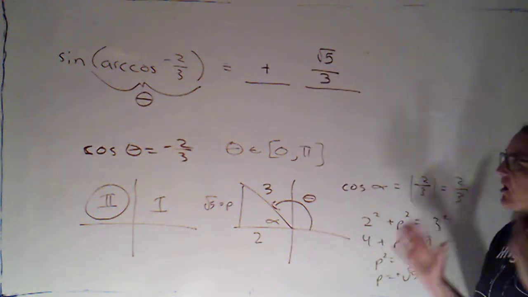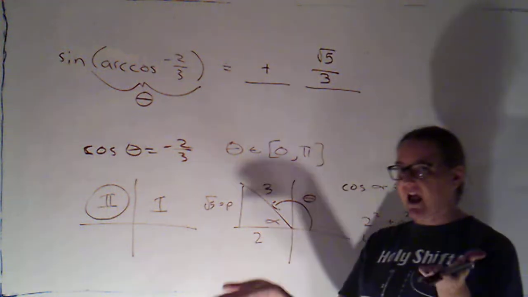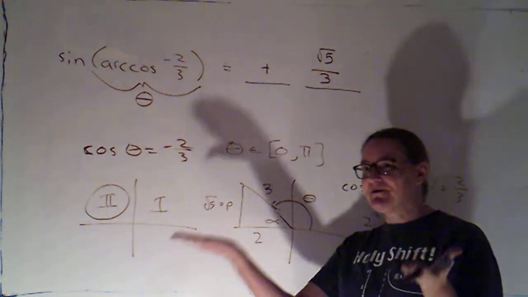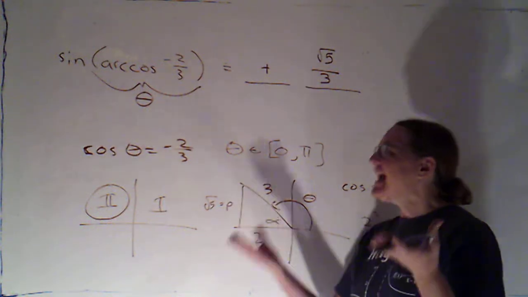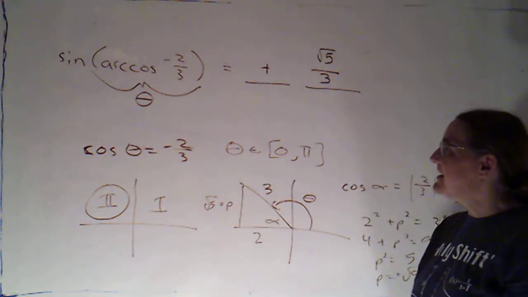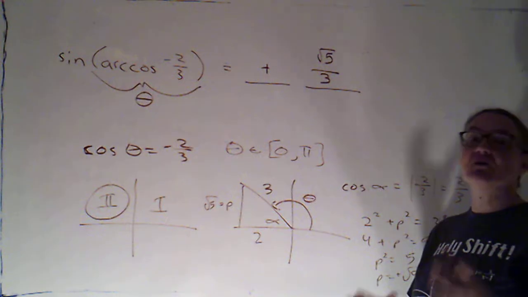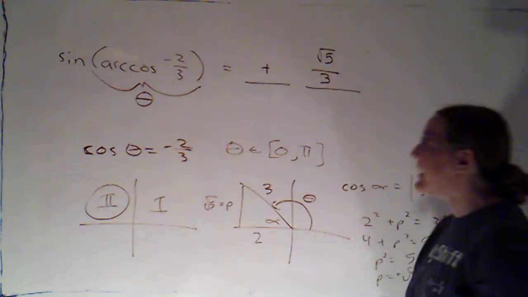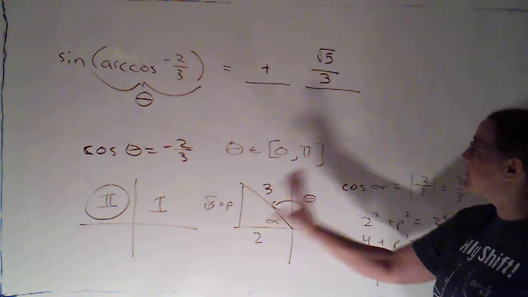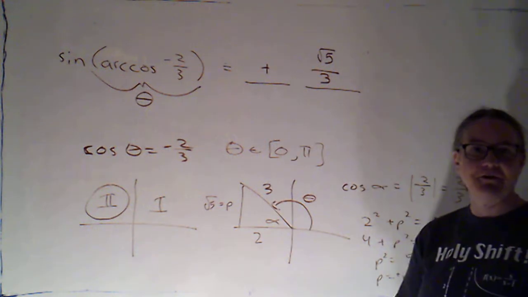Okay. So I'm always looking at the connection between the sign and the quadrant. Sometimes I'm using the sign to get the quadrant, sometimes I'm using the quadrant to get the sign. And then I'm always using the fact that the reference angle gives me the right absolute value. So that if I know the absolute value, I can draw the triangle. If I have the triangle, I can get the absolute value.